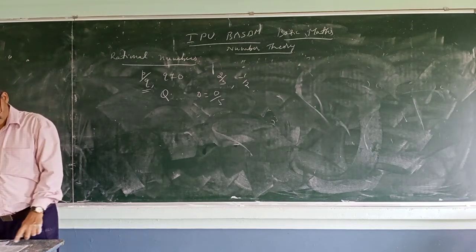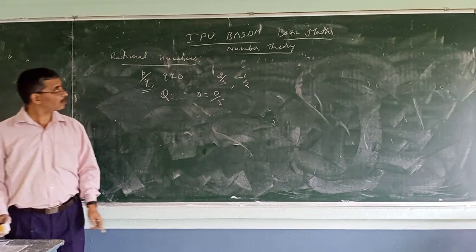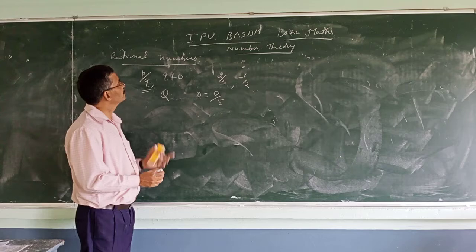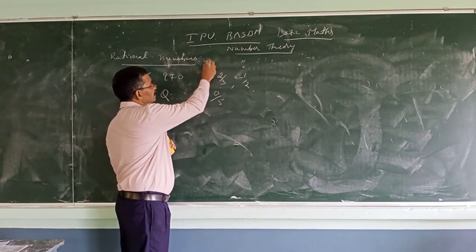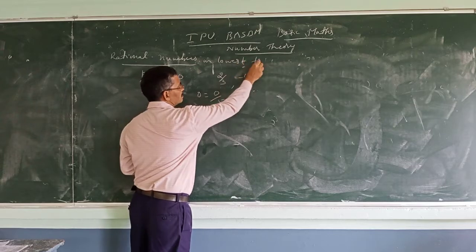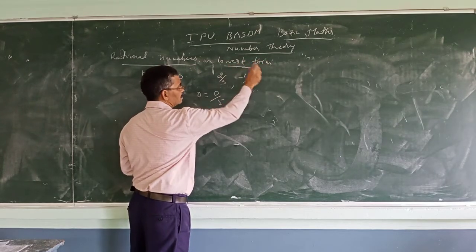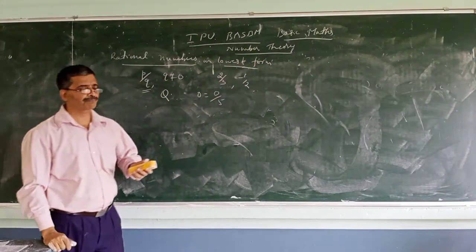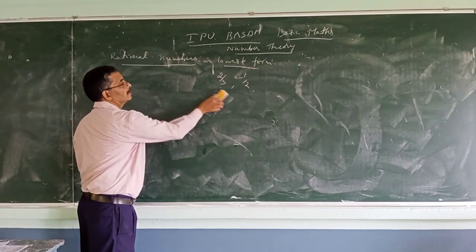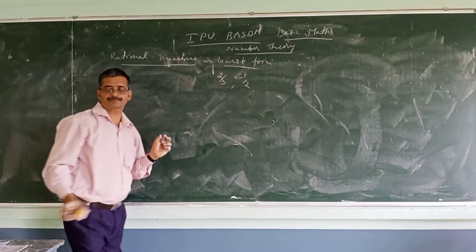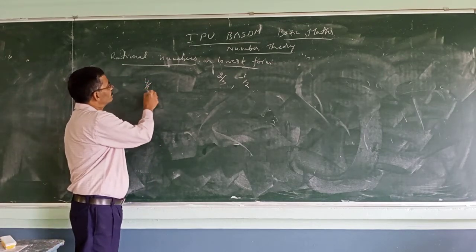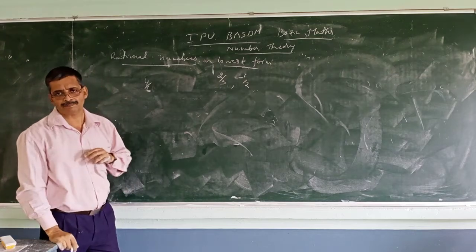Next topic is rational numbers in lowest form. I will explain with an example. Consider 4 by 6.